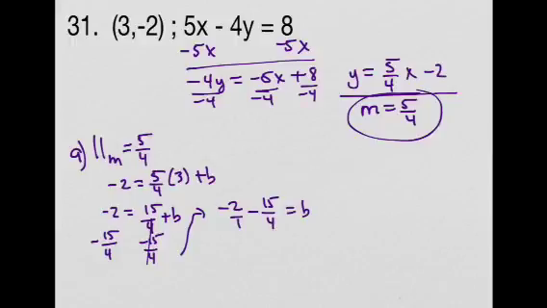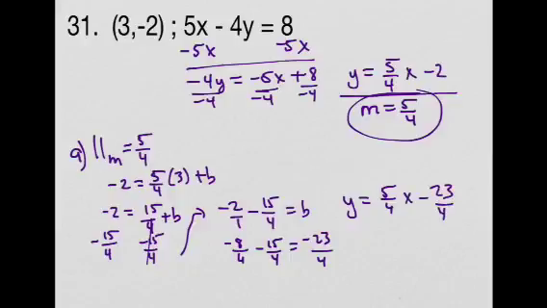And so that gives me -8/4 for the -2, which is -23/4. So my equation is y equals 5/4 x minus 23/4. So this equation is parallel to the given equation, okay? And it also passes through the point 3, -2.